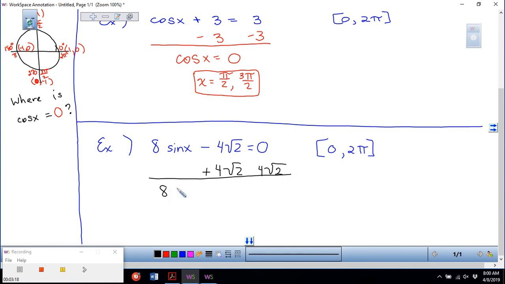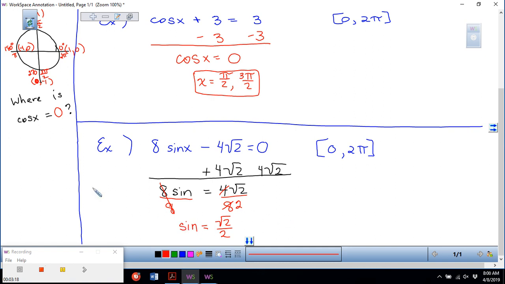So we end up with 8 sine of x equals 4 square root of 2. Now we're going to divide both sides by 8, so that the 8 cancels out over here, so we're left with sine is equal to, now 4 over 8 is going to reduce to 1/2, so we end up with the square root of 2 on the top and 2 on the bottom.